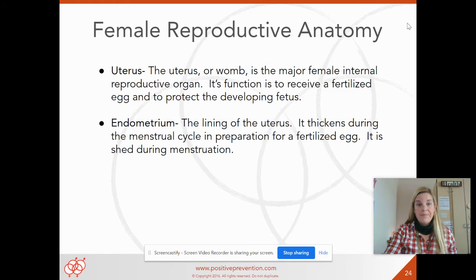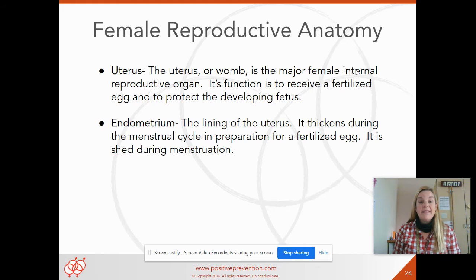Okay, next term, the uterus. The uterus or womb is the major female internal reproductive organ. Its function is to receive a fertilized egg and to protect the developing fetus. Next term is the endometrium. Uterus and endometrium, those are both on page 5.